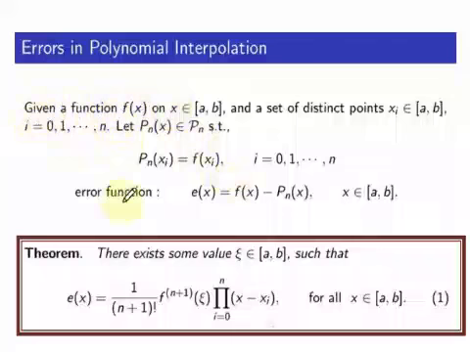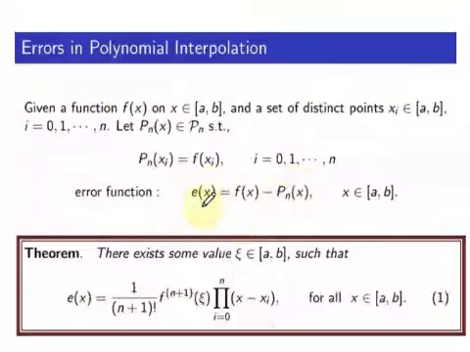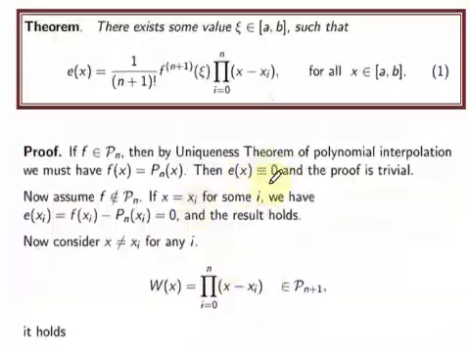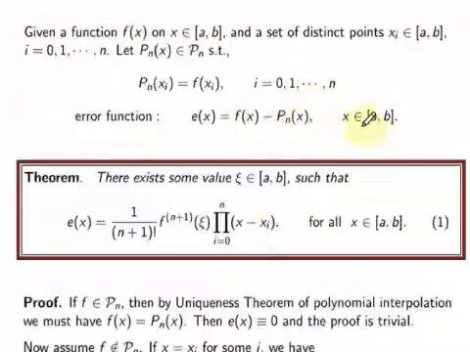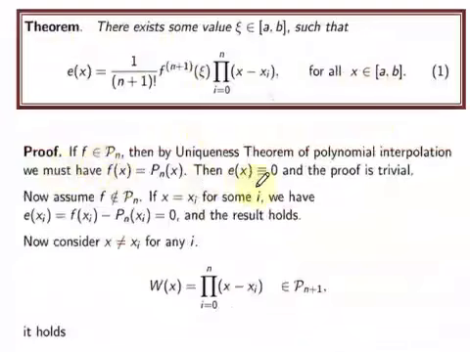Therefore, P_n of x and f of x are the same. In this case, the error function is 0 for all x, because of the uniqueness of the polynomial, which is related to the previous discussion. I hope you understand this.